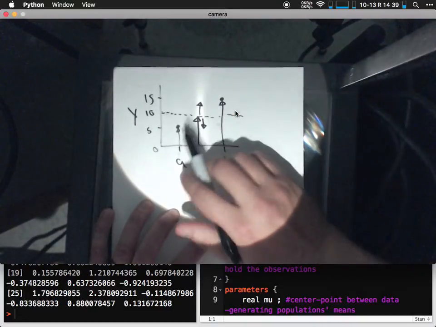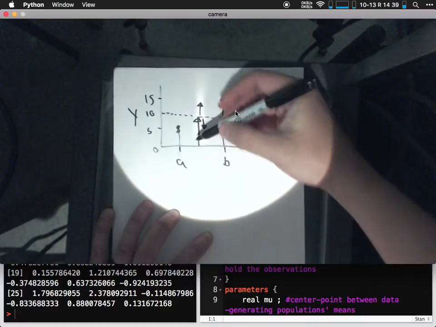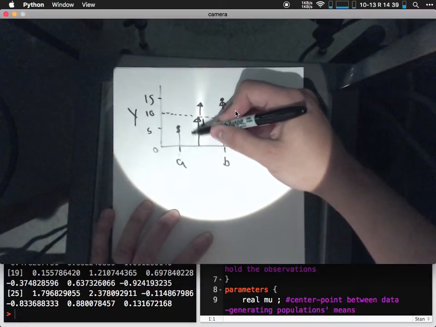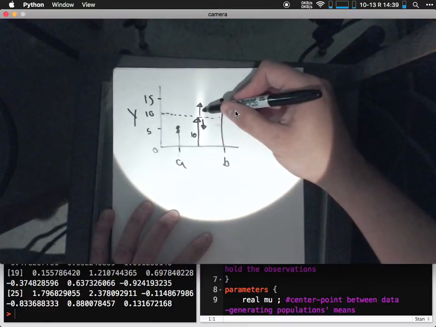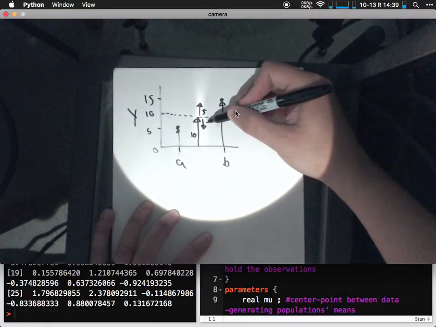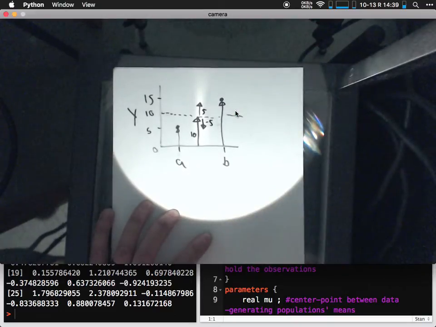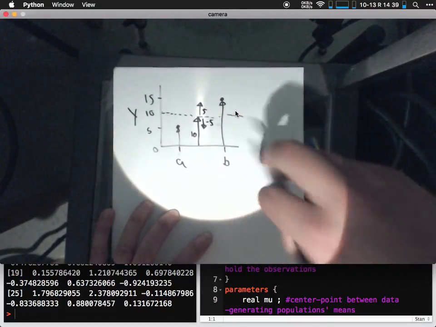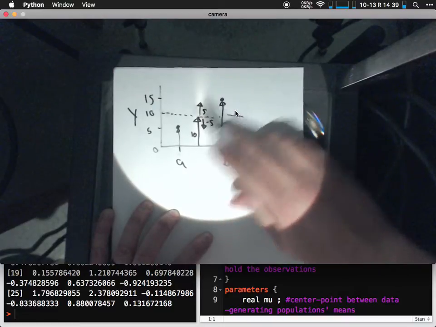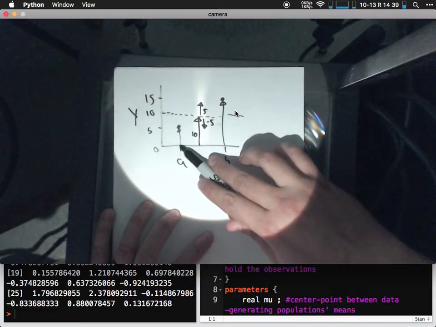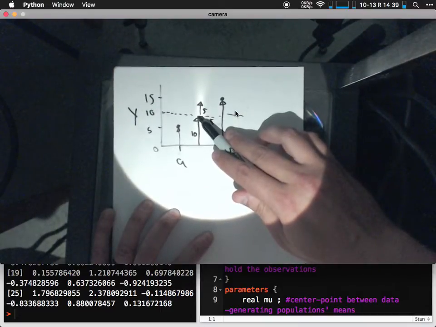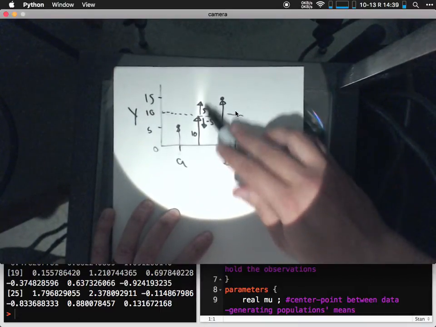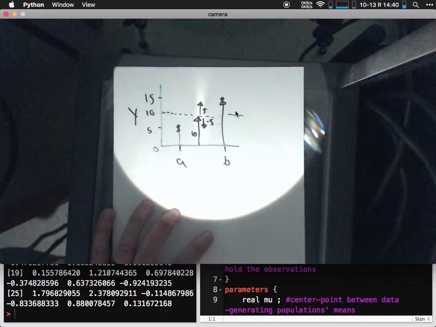If these are the actual numbers, 5 and 15, the distance to the center is 10, and the distance from the center to either one is 5, or negative 5. Does that make sense, that you can describe these two numbers two ways, either with how to get to them from 0, or how to get to their center, and then how much you have to move from the center to get to each value?